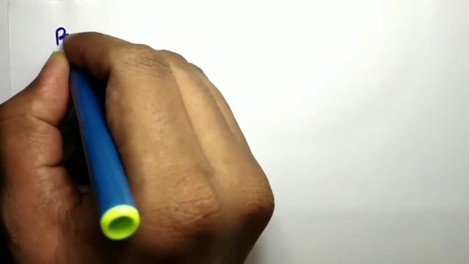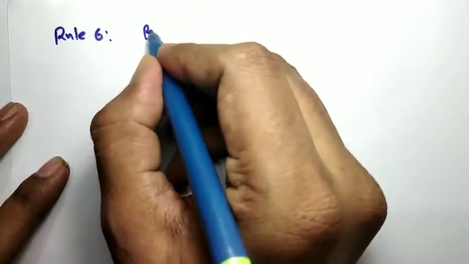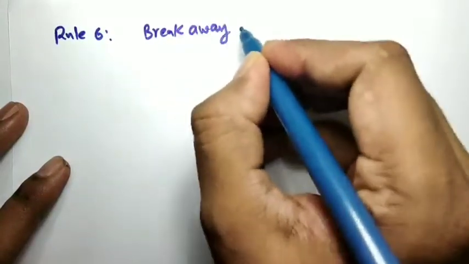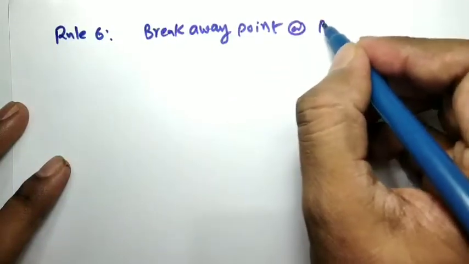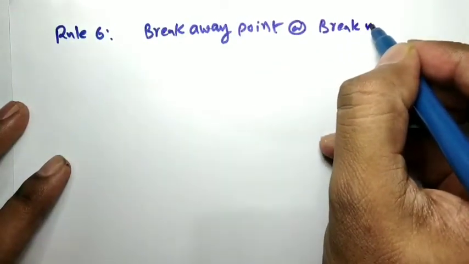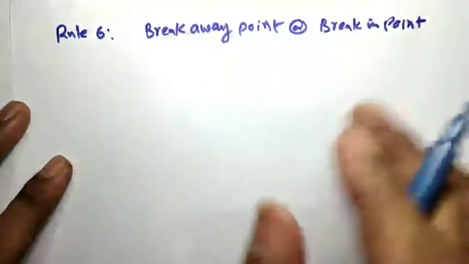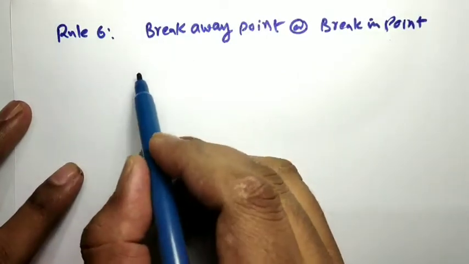Next rule, we are going to study the next rule. Rule 6: you have to find the breakaway point, or breaking point. These both are the same. To find the breakaway point, you know that equation.